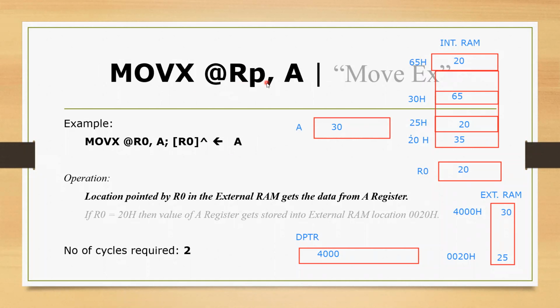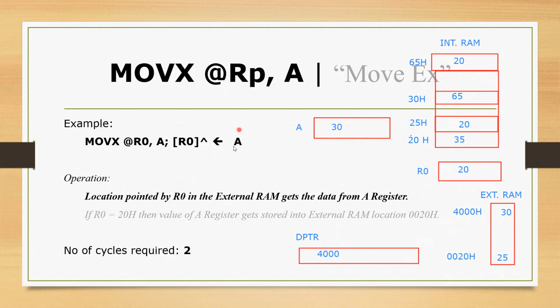So MOVX @R0, A, that is the destination is pointed by the register R0. Here 20 hex is the value in the register, so 0020 hex is the destination and the source is the A register.